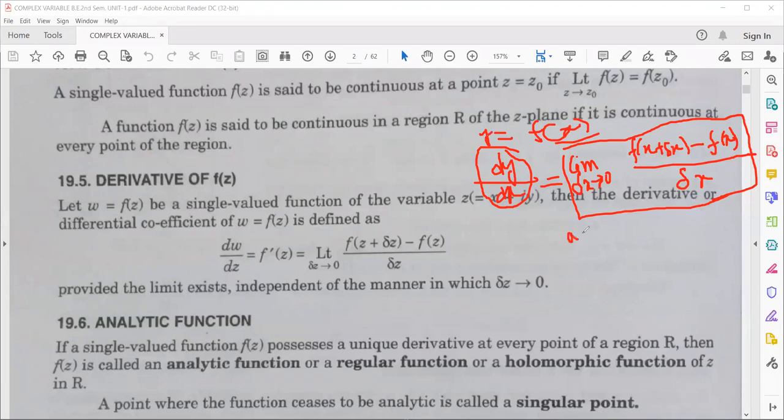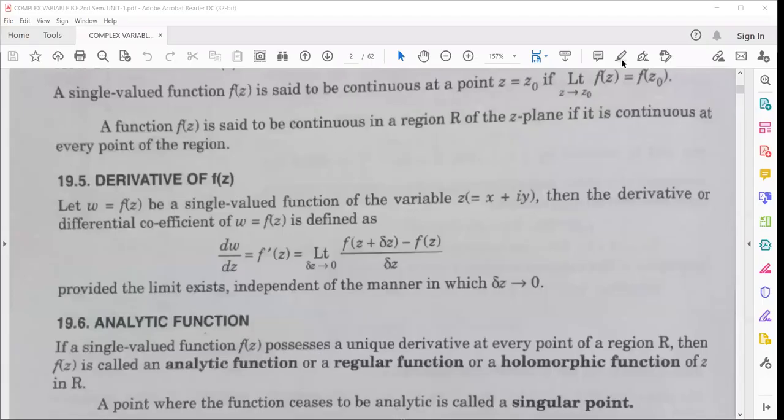So say w is equal to f(z). Now, if you want to check whether the derivative of w exists or not, the same concept applies. So we'll find dw by dz, which is also denoted by f dash of z. Same thing, you have changed it.